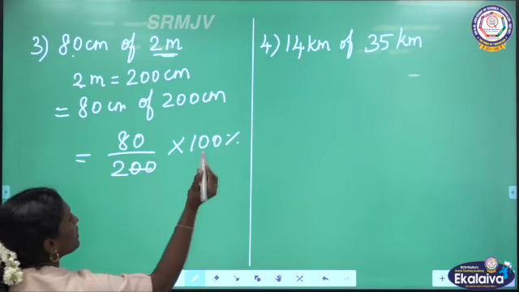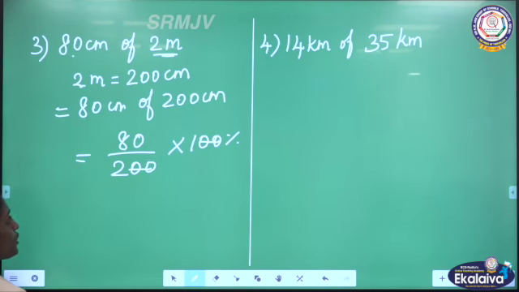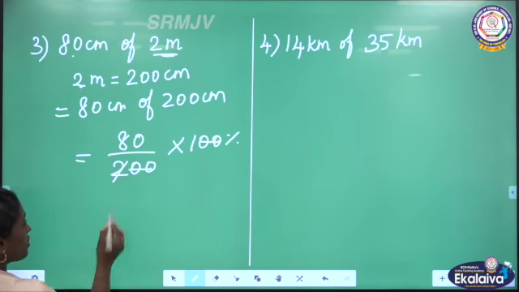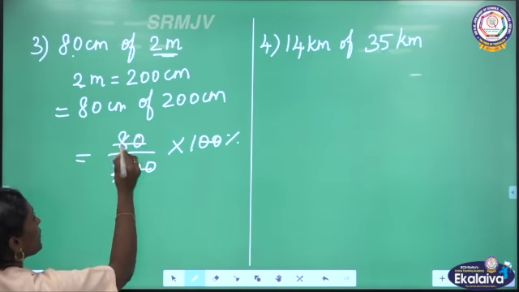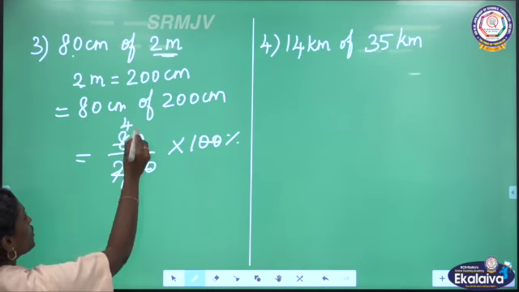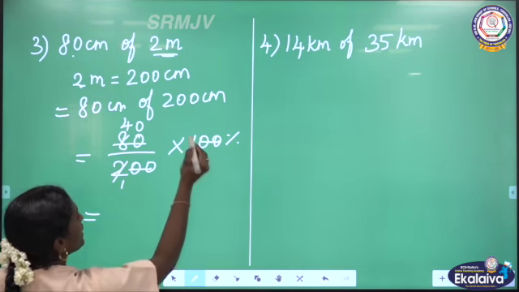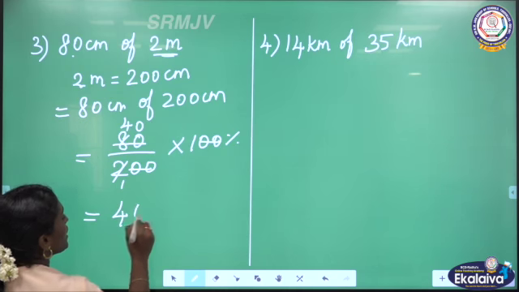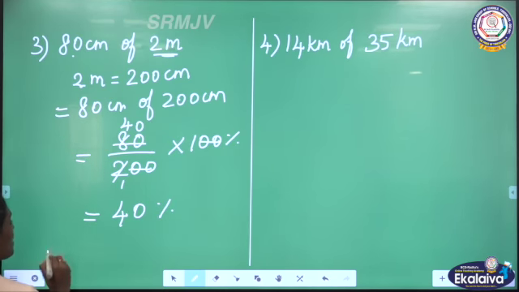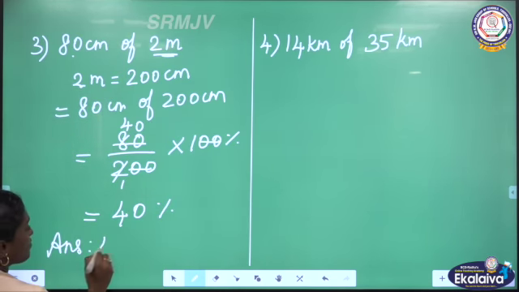Now we can cut the zeros, 20, 20, then we can reduce 80 and 2 in 2 table. In 2 table 1 time, in 8 4 times, 4 2s are 8, then we have to add 1 0. Now in numerator 40 into 1, so 40 into 1, 40. So the answer is 40 percentage.